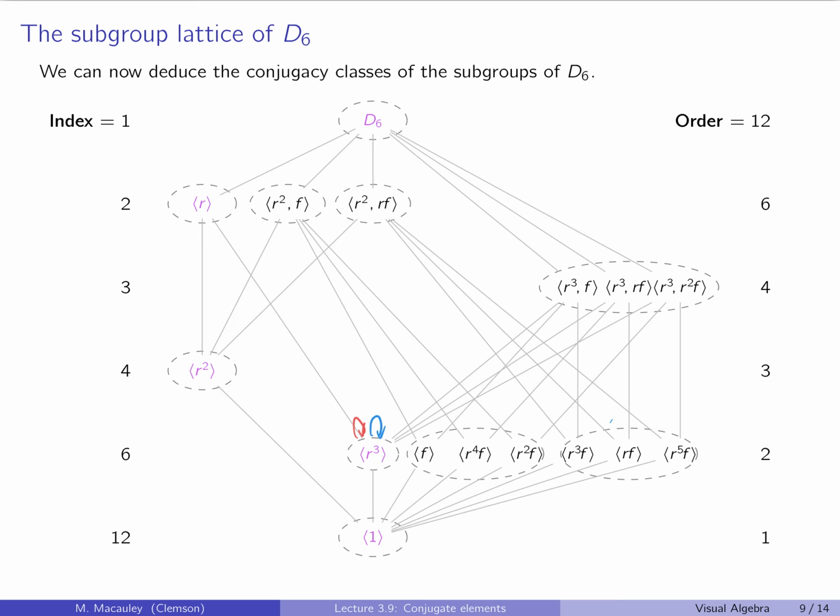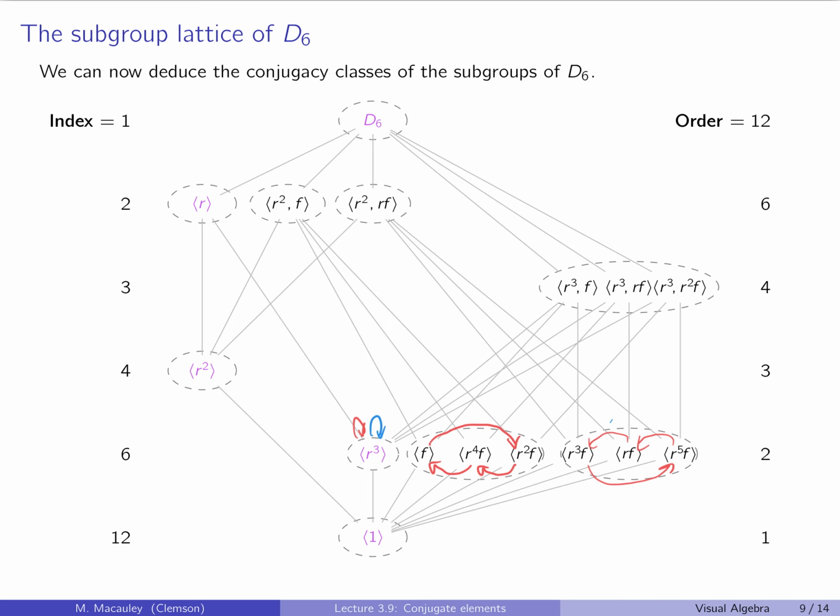Over here, if we conjugate F by R, we get to R squared F. We do it again, we get to R to the 4th F, and then we get back to F. And over here, if we conjugate RF by R, we get R cubed F, and then R to the 5th F, and then RF. So these form a conjugacy class, as do these.